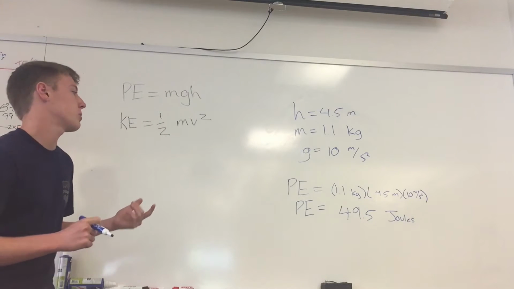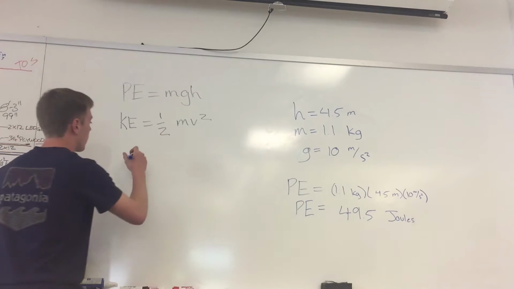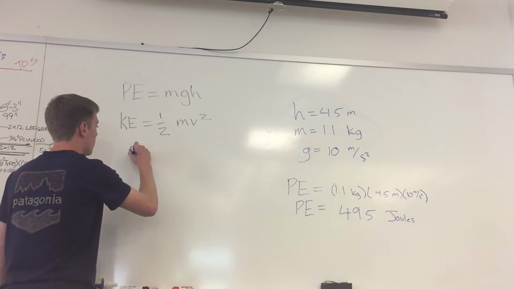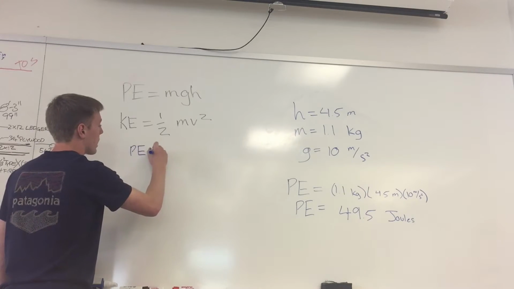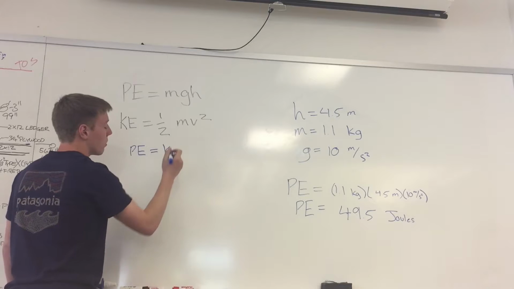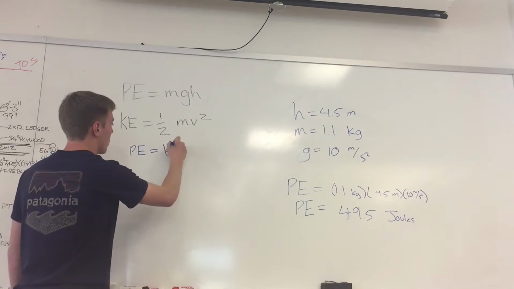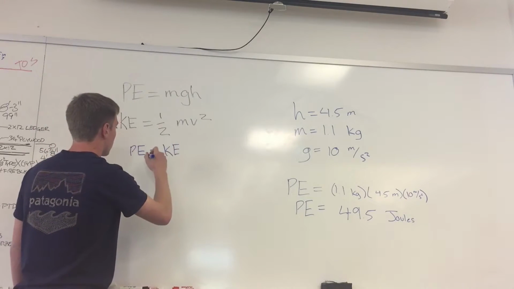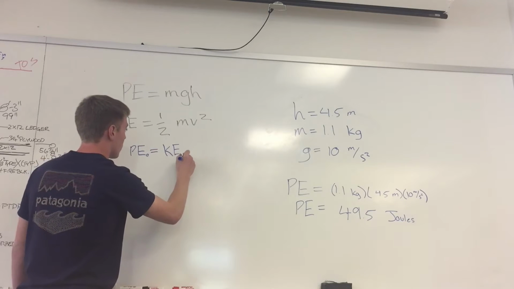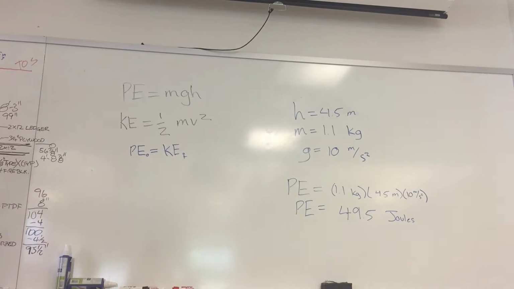And once we have that, we know our potential energy at the beginning of the drop will equal our kinetic energy at the bottom when the ball hits the ground. So KE initial, just like that.